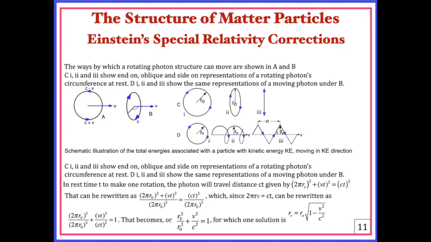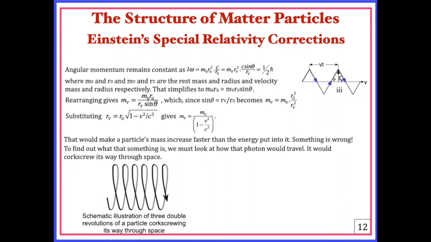Rearranging, that gives r_v squared over r_naught squared plus v squared over c squared equals 1, for which one solution is r_v equals r_naught times the square root of 1 minus v squared over c squared. The radius of a rotating photon, that is the particle, decreases with the square root of 1 minus v squared over c squared as its speed increases.